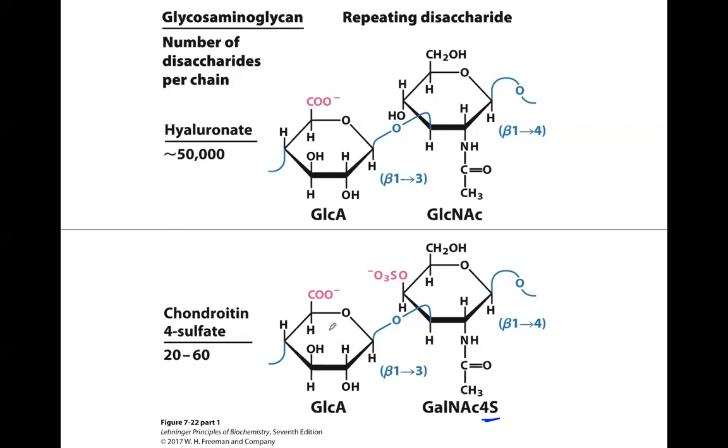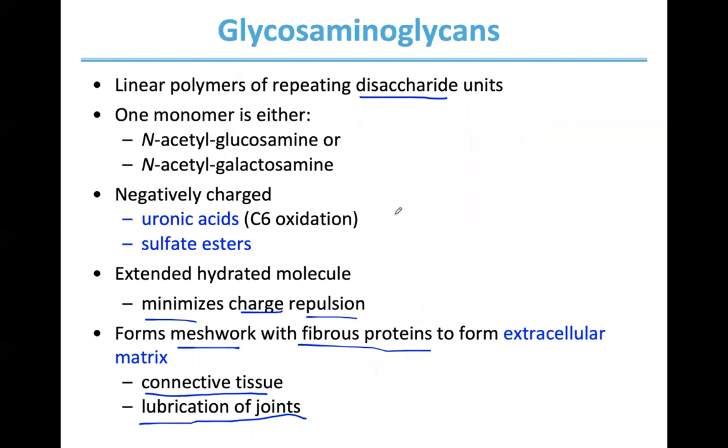So let's try to draw this. Let's say you have a chain like this, and you have these sulfates, negative charge, negative charge. If you have lots of negative charges, usually these things are hydrated pretty heavily.